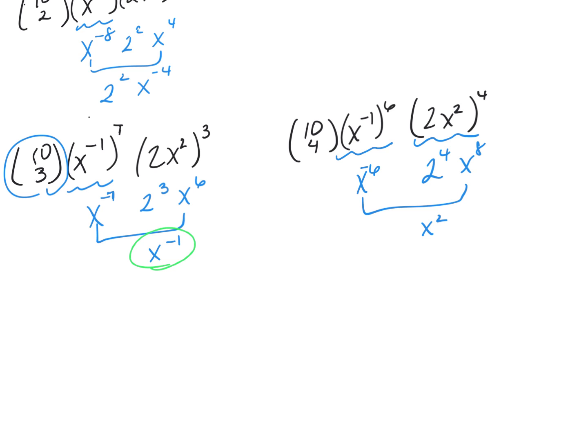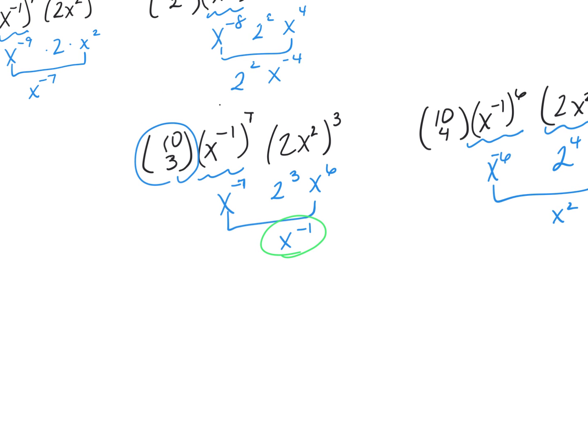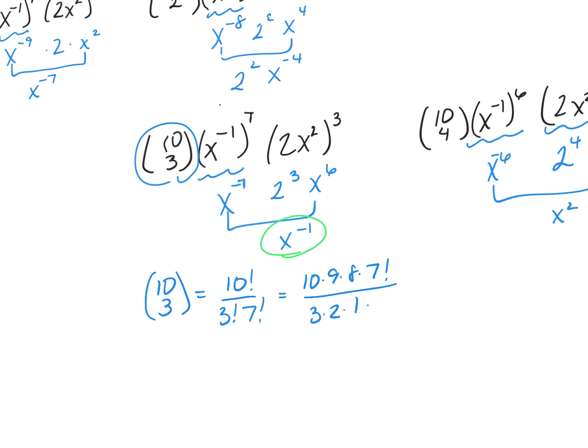So if they wanted the x raised to the negative 1 term, then I would do 10 choose 3. I needed this coefficient multiplier: 10 factorial over 3 factorial times 7 factorial. So 10, 9, 8, 7 factorial over 3, 2, 1, 7 factorial. These will cancel. 3 goes into 9 3 times. 2 goes into 8 4 times.